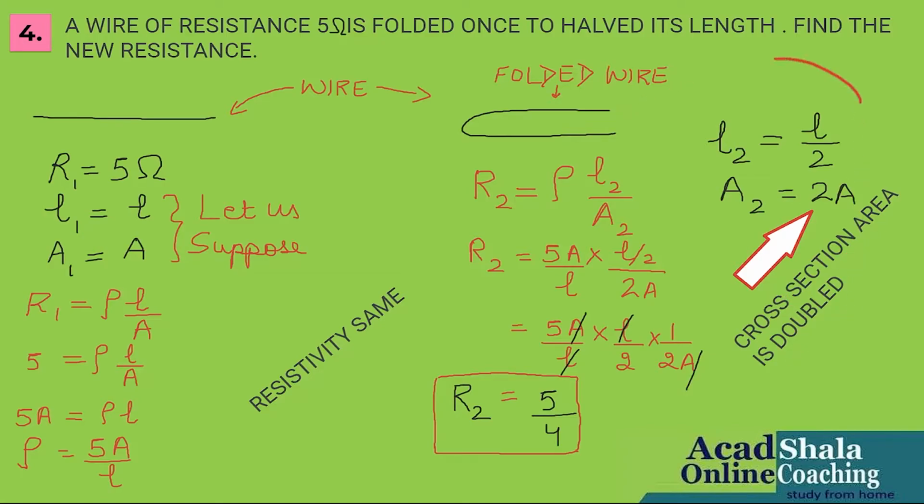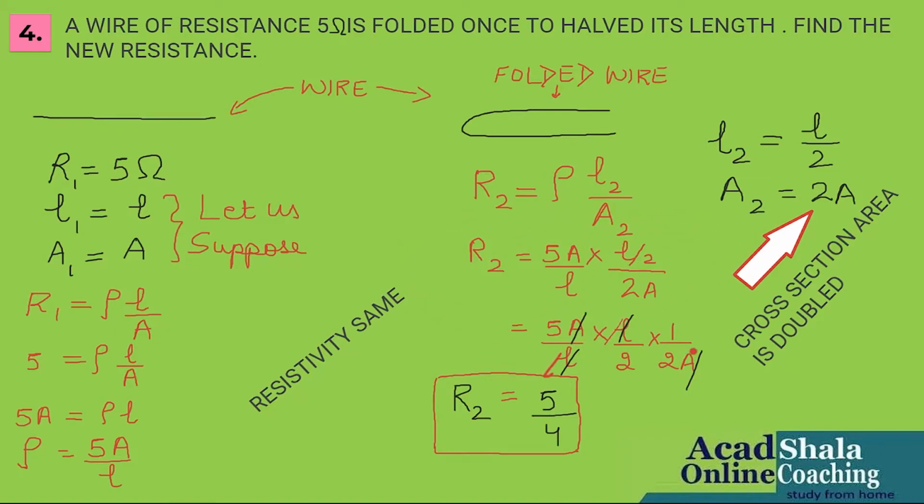After knowing these two things are becoming different in the second case, I will put these values in this formula: R2 is equal to rho, the value which has come from case 1. L2 is L upon 2, and A2 is 2A. After putting all the values in this formula, let me simplify it.